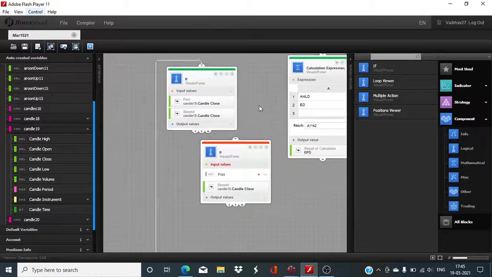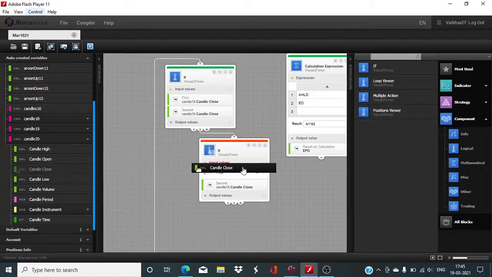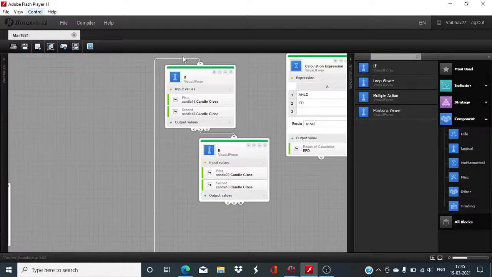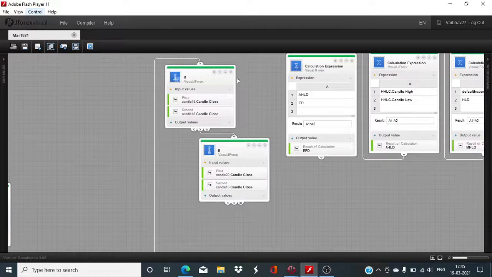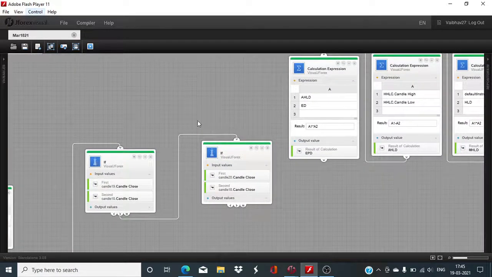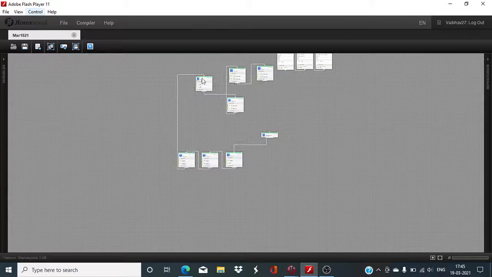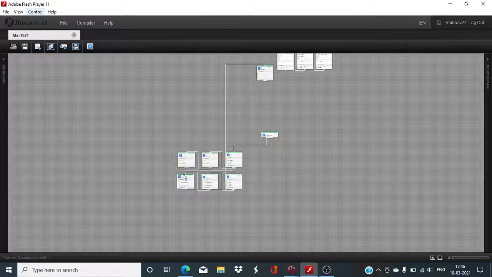Candle 19's close should be above: first input greater than second input, whereas candle 20's close should be below. Okay, so far so good. These are the 7 conditions which need to be in place for the execution of the buy trade.